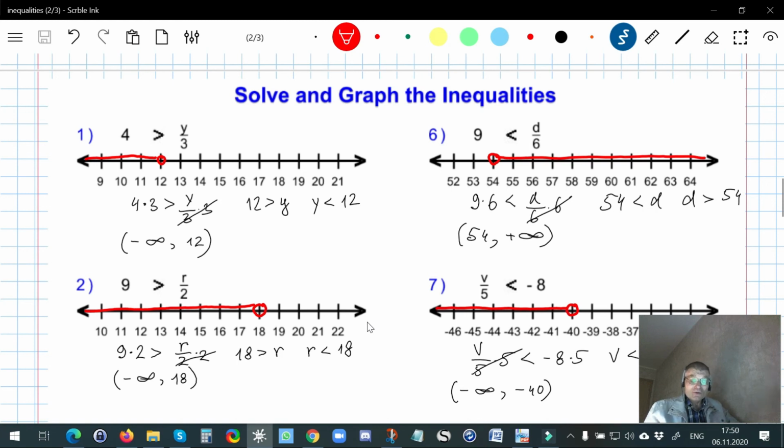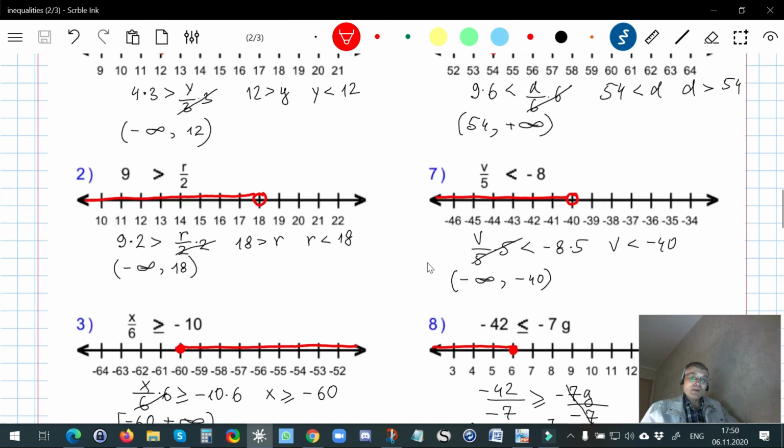In equations, the equality sign is always symmetrical. A is equal to B means immediately that B is equal to A. But here we have to watch out for situations in which we divide or multiply by a negative quantity, and in this case we flip the inequality.